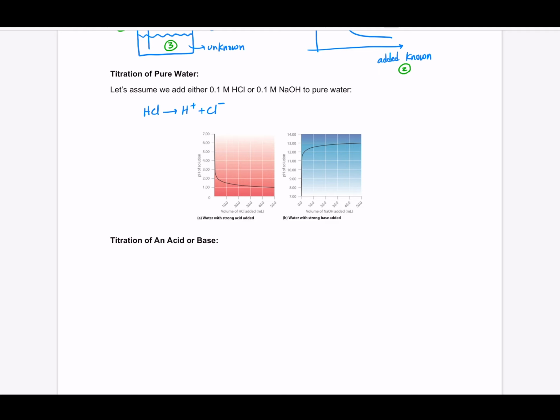And if we do the opposite, add base, then again, this is the pH of water, and this is how much of the known we added. So in this case, it's the base. And as we were expecting, adding a base increased the pH.